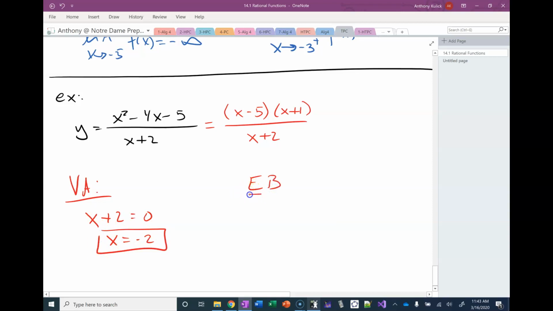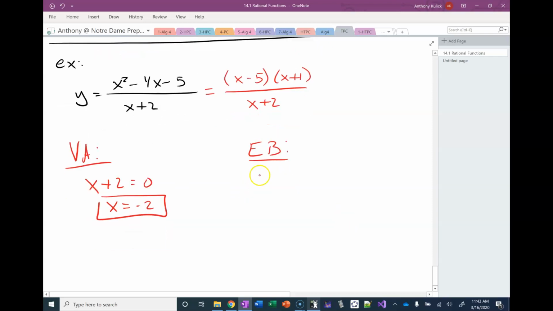Now for the end behavior, I notice that the degree of the numerator is greater than the degree of the denominator, because the degree of the numerator is 2, the degree of the denominator is 1. So what this tells me then is I need to do polynomial division.